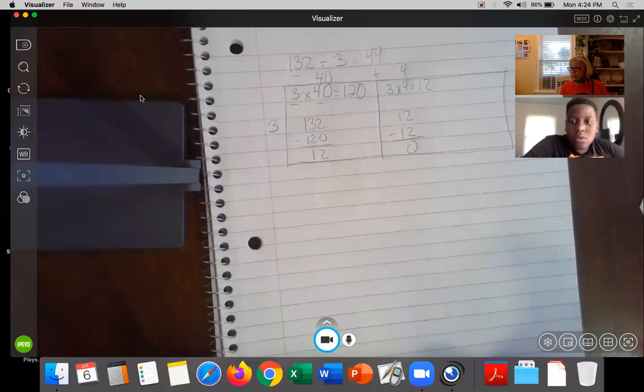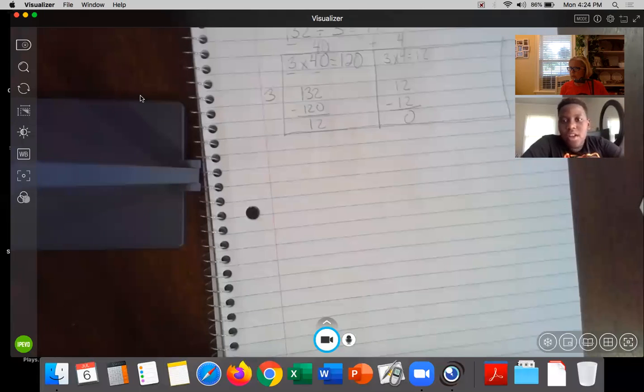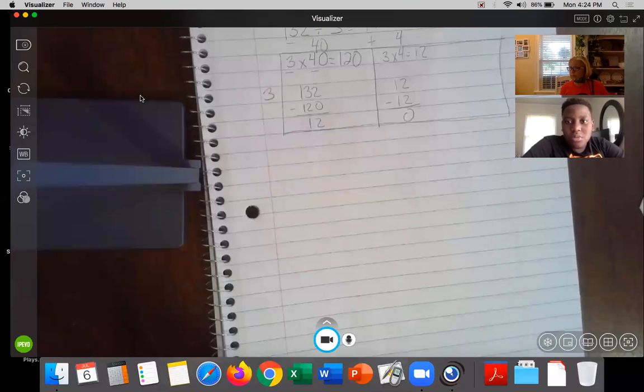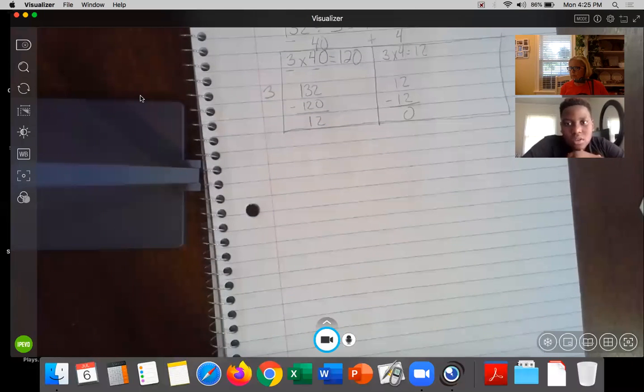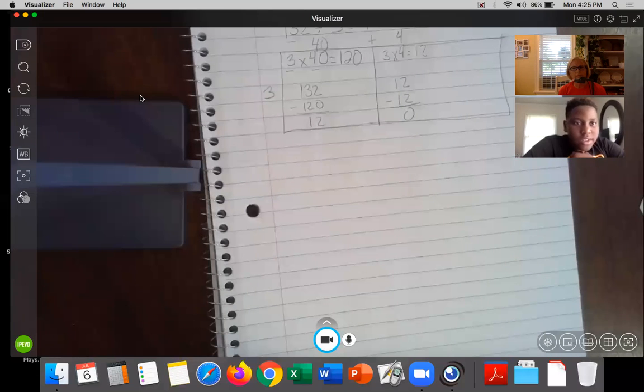With little numbers, like 3. What'd y'all do? You remember? It was just big numbers that we can divide, like 300, 200, and we divide them into our numbers.